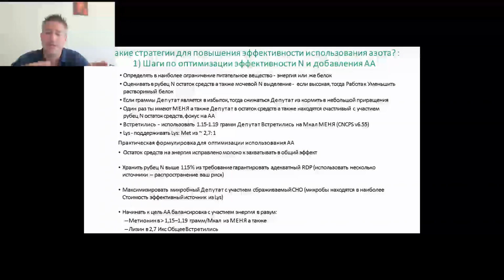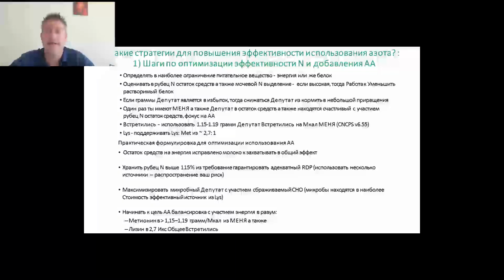Once we have matched metabolizable energy and metabolizable protein, and they are well balanced, then I will focus on amino acids. Methionine we should have from 1.15 to 1.18, especially in summertime, where it helps a lot. It's not easy to reach this number according to CNCPS, but it helps a lot for milk protein percentage and also for heat stress and for fertility in the summertime.